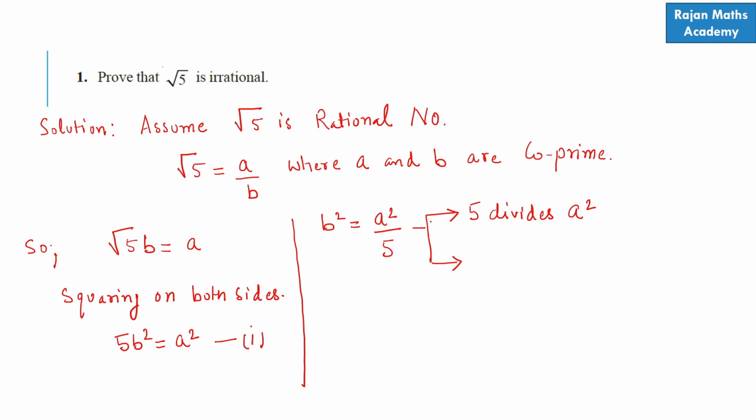And from theorem 1.2, 5 also divides a. So 5 divides a, so a by 5, as 5 divides a, we can write it as c.